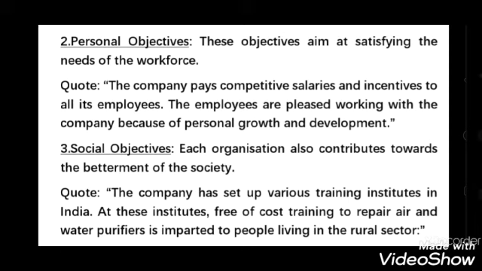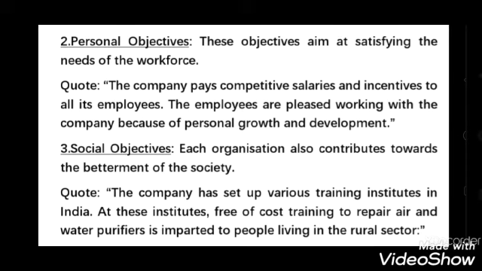Moving towards the next, the second objective is personal objective. These objectives aim at satisfying the needs of the workforce. It means they totally focus on the satisfaction of your employees. That is why we have quoted the lines, the company pays competitive salary and incentives to all its employees.